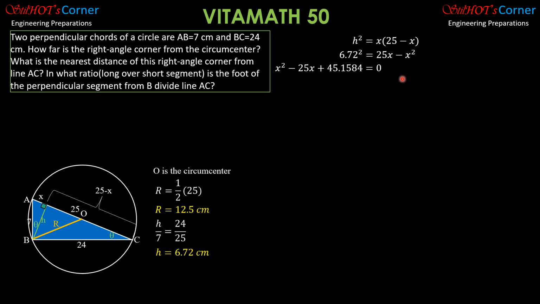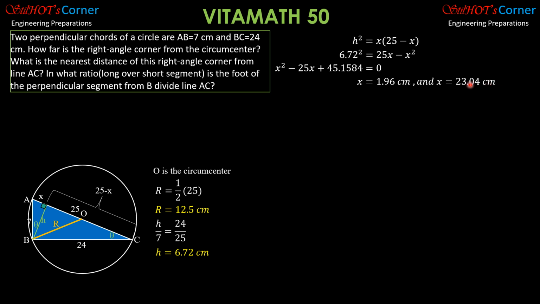So using your calculator, there are two roots of x, the smaller one, which is in this case the smaller segment, 1.96 cm, and the longer segment, 23.04 cm. Notice that if the shorter segment is 1.96, 25 minus 1.96 is 23.04, this other value of x.